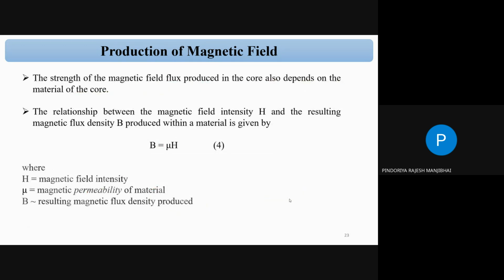So the relationship between the magnetic field intensity H and the resulting magnetic flux density B produced within the material is given by B is equal to mu into H, where B is the magnetic flux density, H is the magnetic field intensity, and mu is the magnetic permeability of the material. So we can define mu equal to mu naught into mu r.